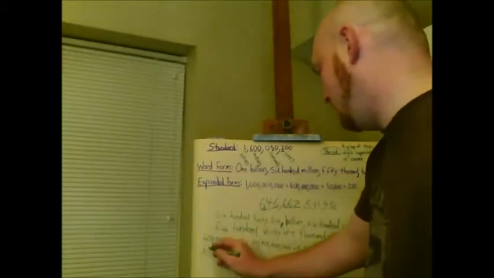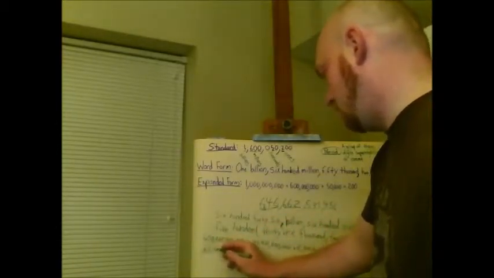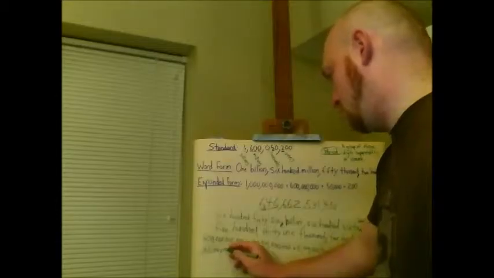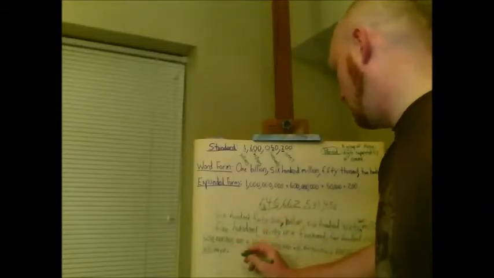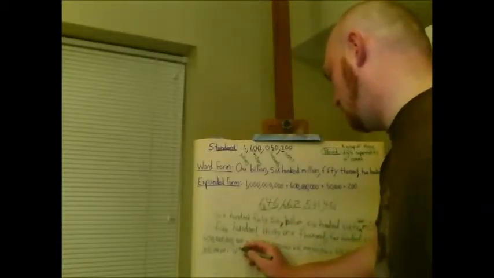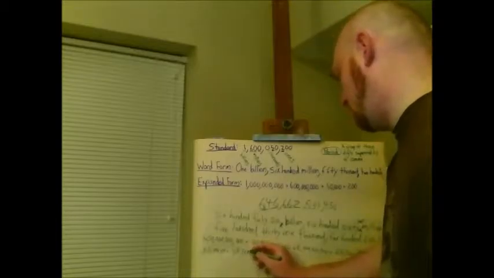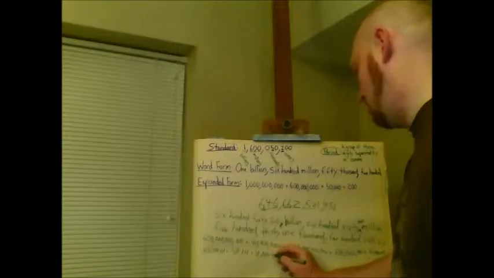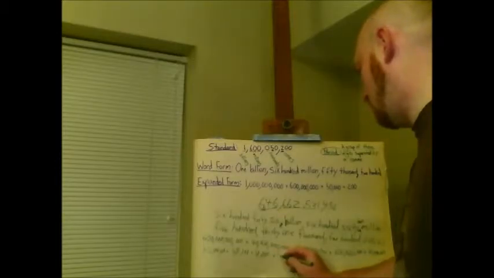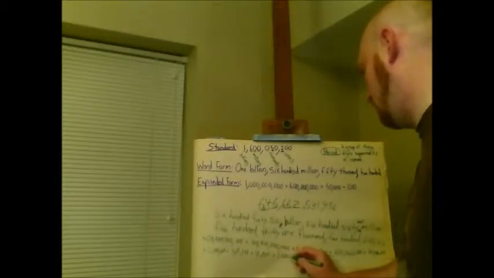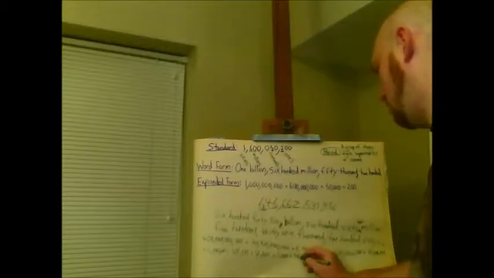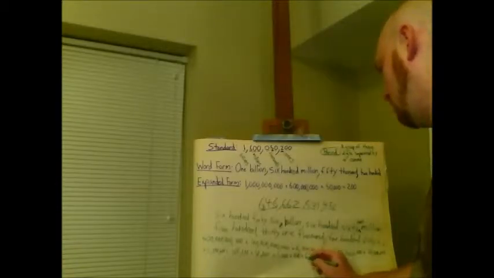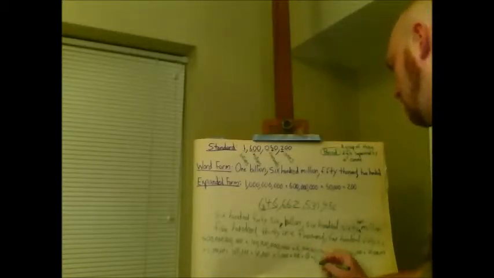So we have 2 million, 500,000, 30,000, 1,000, 400, 50 plus 6.